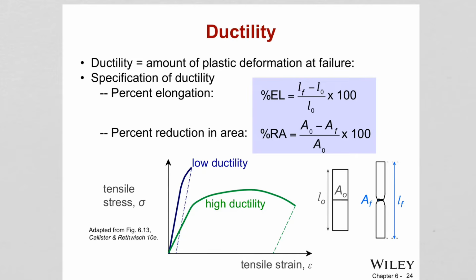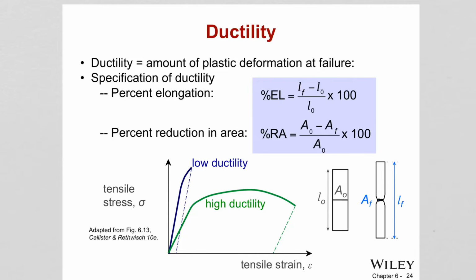So what is ductility? Ductility is basically how much you can strain, how much you can deform a material until it fails. For example, if you think about rubber, you can keep stretching. It takes a long strain to be able to fail the material, right?